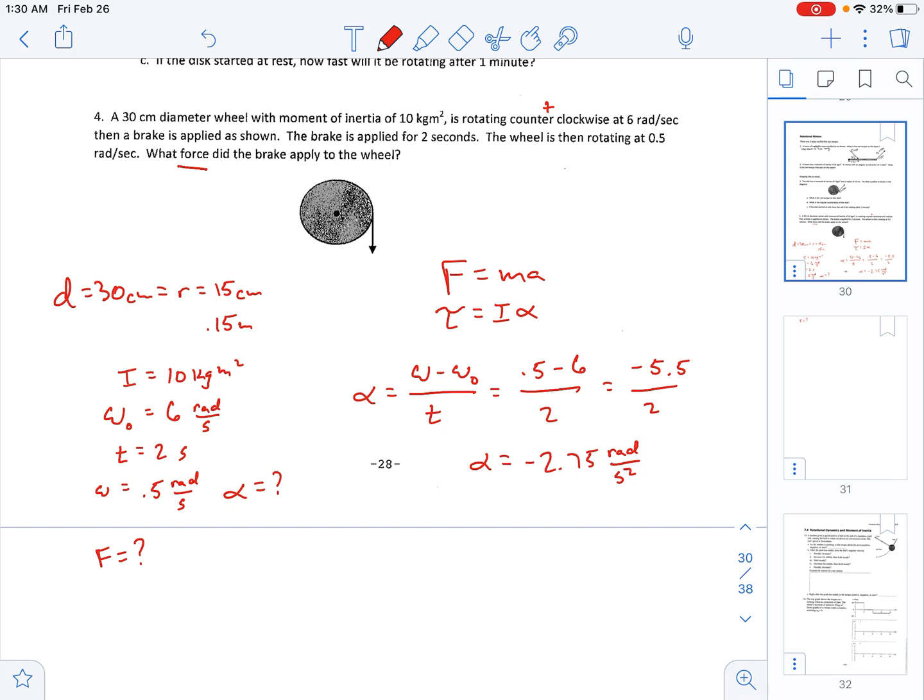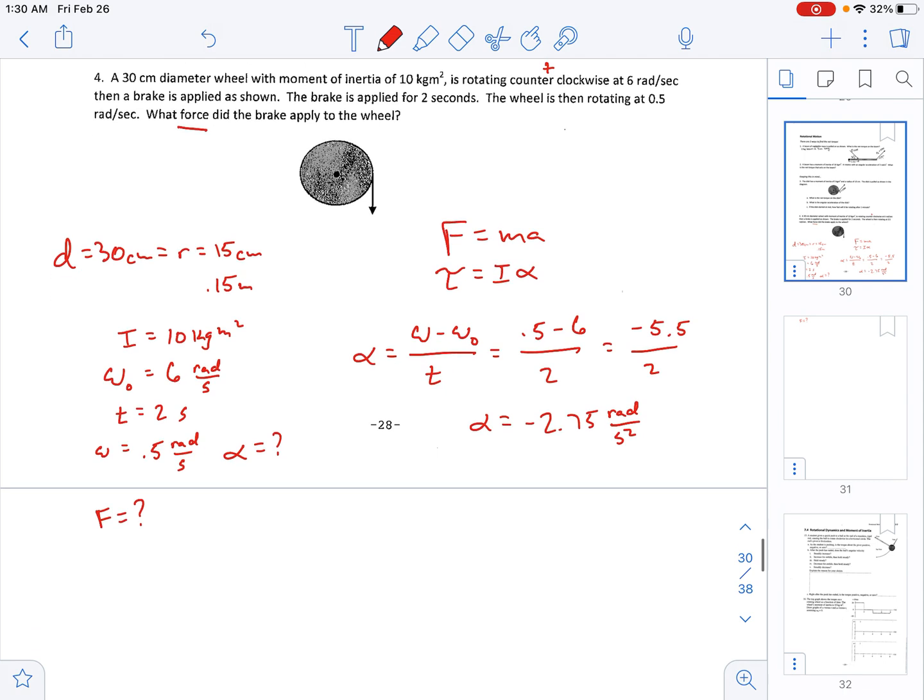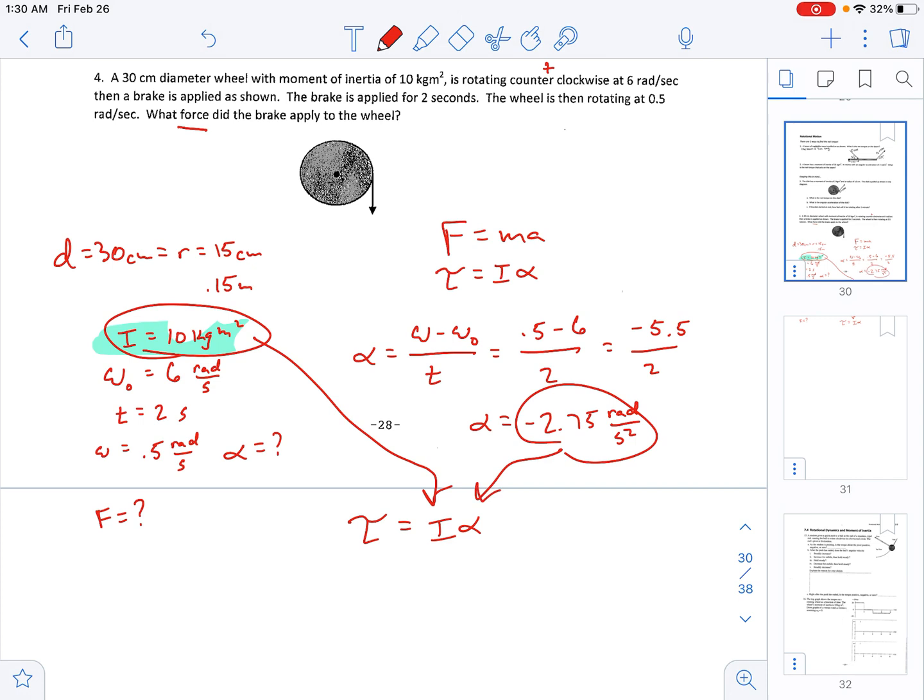Now that I have my alpha, and don't forget I already had my I value, using my equation of torque is equal to I alpha, I can use those two to go ahead and calculate my torque, which I'm ultimately going to end up using to solve for my force, right?